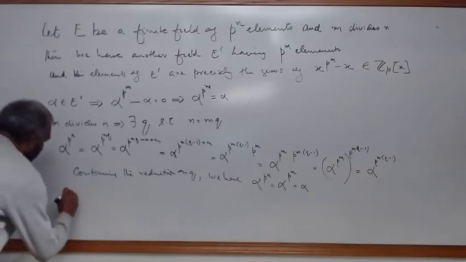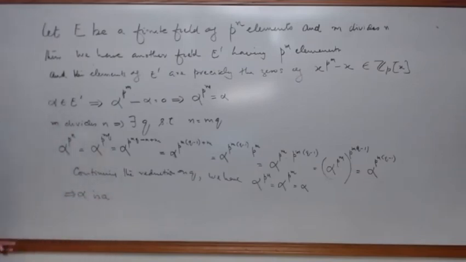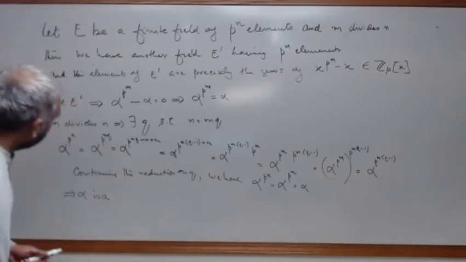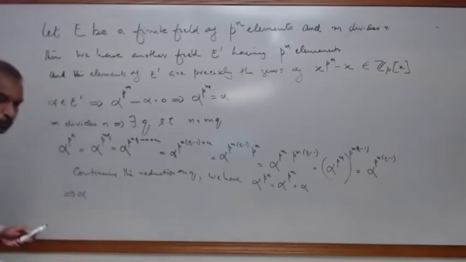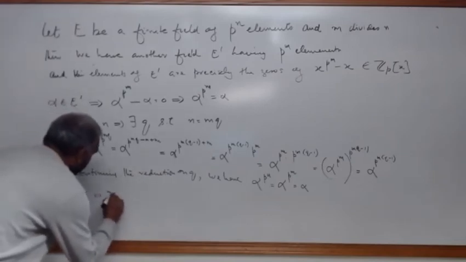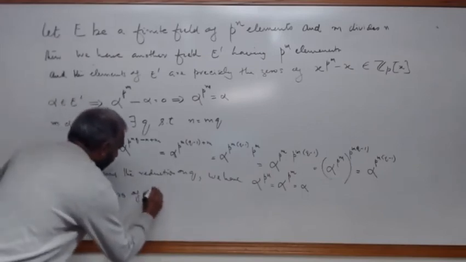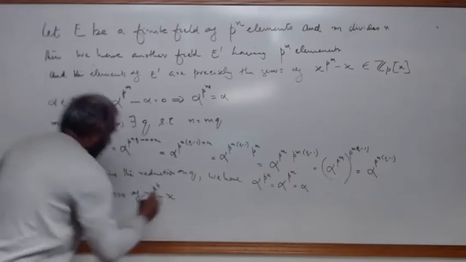And that implies alpha is a 0 of x to the power of p to the power of n minus x.